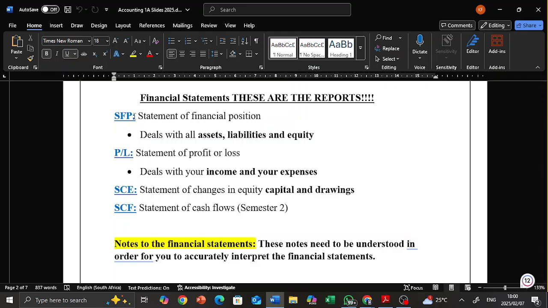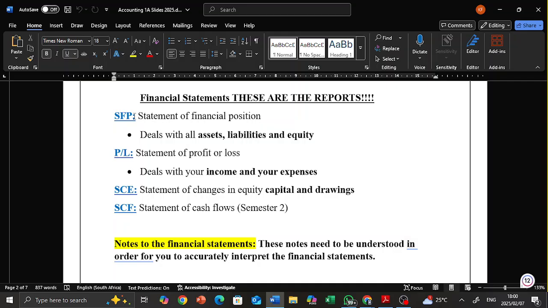If I buy machinery, we are going to say debit machinery. All right, why are we debiting machinery? Because machinery is an asset. That is the element it is. It is an asset. And assets increase on the debit side.